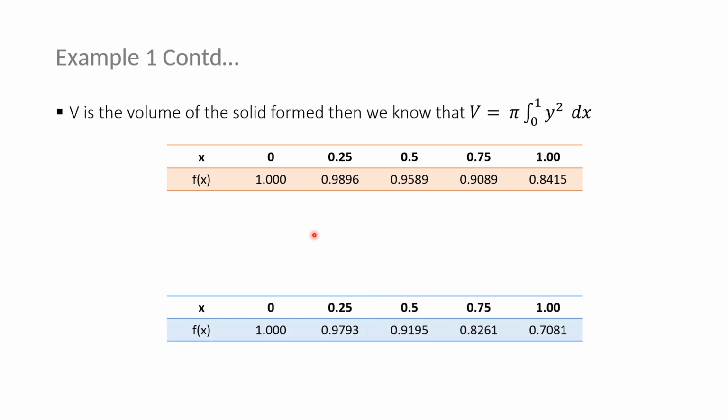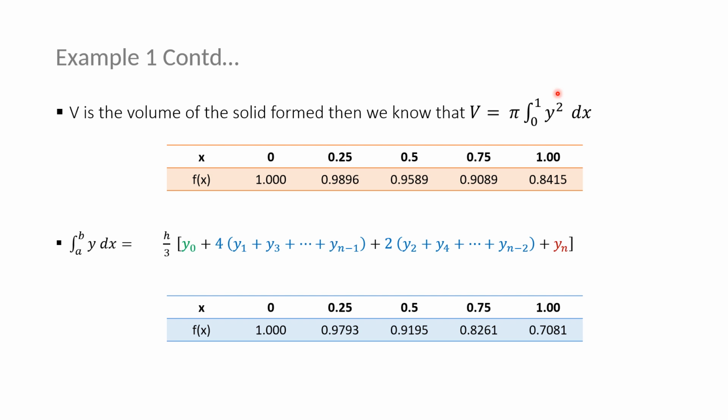we want to modify this formula for our use, and that's why, as you can see, instead of y we have y squared. So in this formula we need to make a modification so that from this formula we arrive at this formula. Okay, so how do we get this formula from the known formula of Simpson's 1/3 rule.